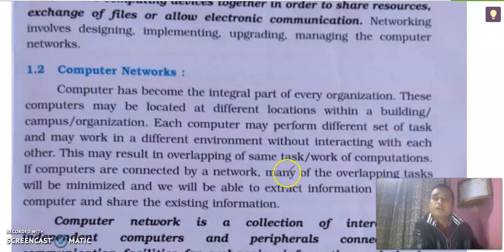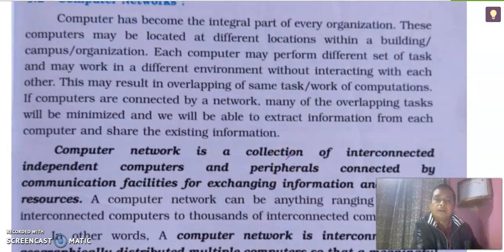When I'm talking about resources, it means all the other networking devices apart from a computer, and we can share those resources also. Those resources may be a printer, web camera, or a plotter. We can share these resources while being in a network.